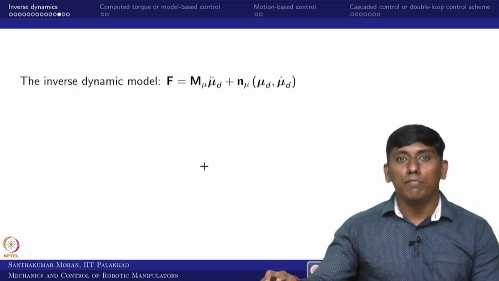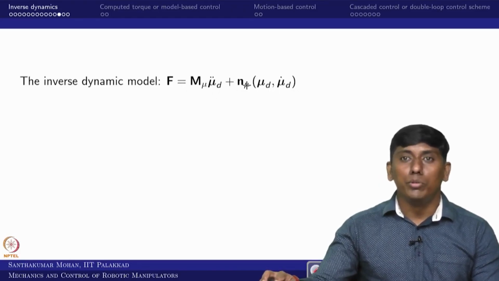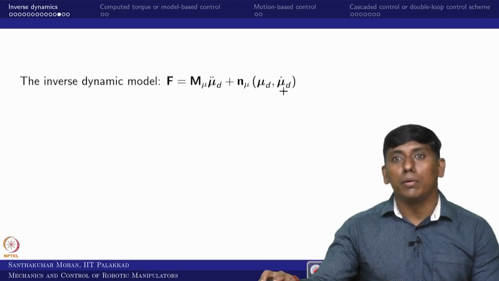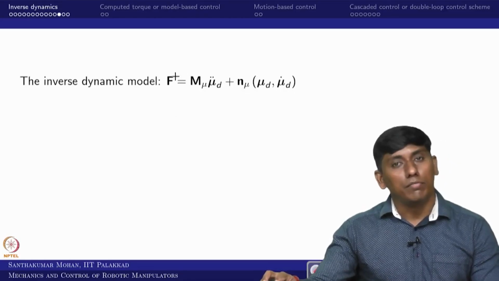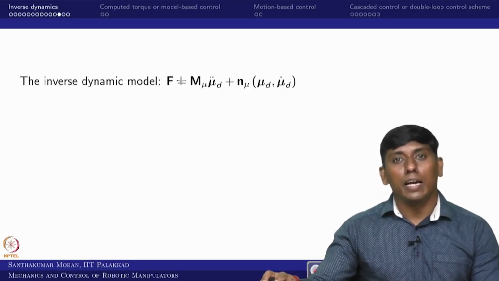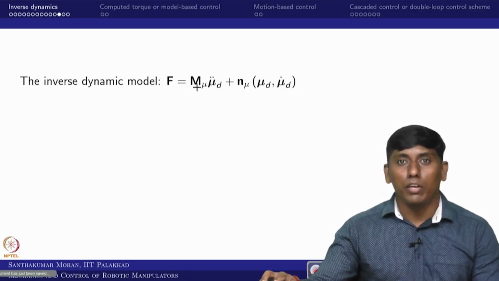Once we did the subfunction, this is the inverse dynamic model, where M of mu into mu desired double dot plus N of mu, mu dot comma mu desired, mu desired dot. This we use as F, but F we can write as tau. So tau is J transpose of F, that is what we are going to use.